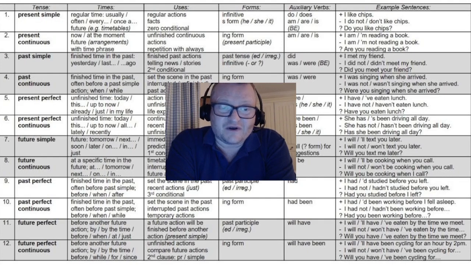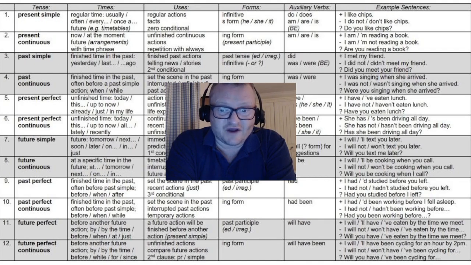And future simple and a few other future forms, like going to and present continuous for future. And present simple for future. I think about timetables. The next train leaves at 2:44. This is present simple, usually regular actions, facts.